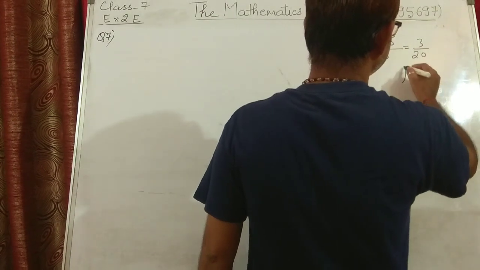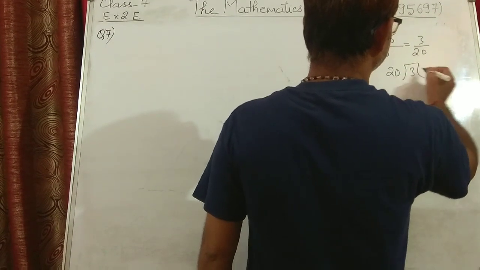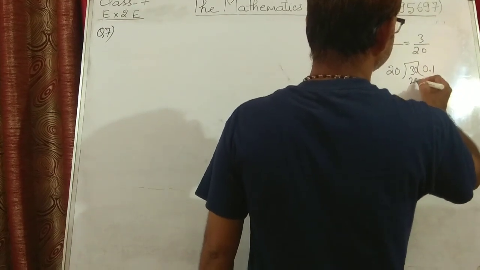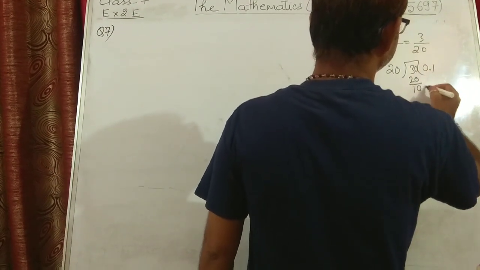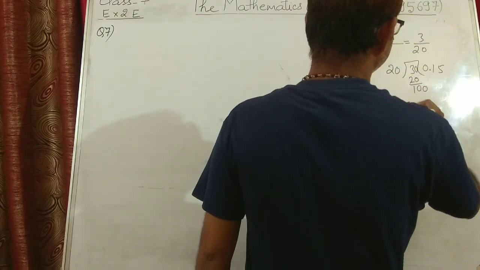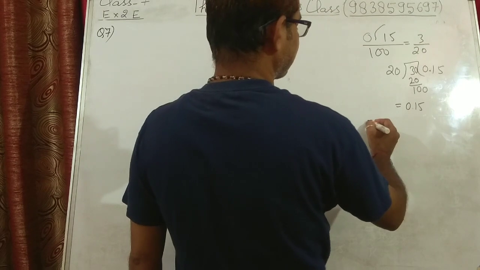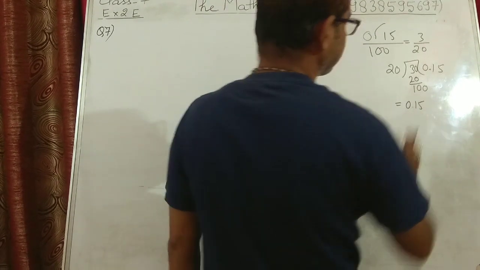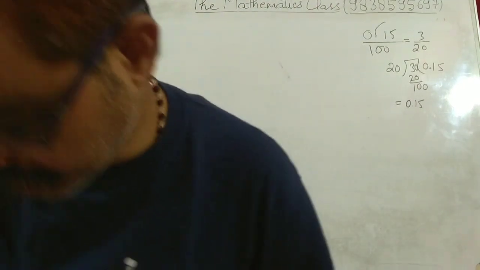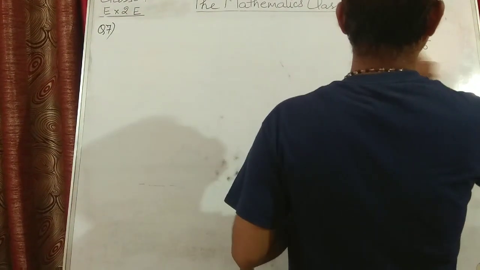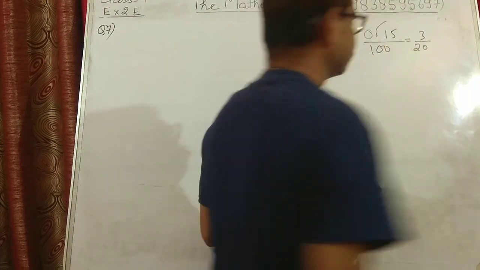Now divide 3 by 20. So put a decimal and a 0. So 20 1s is 20. Now 10 is left, you increase a 0, or you can say 0.15. You have to convert it into a fraction or a mixed number. So that is already converted to a fraction. Nothing is there.